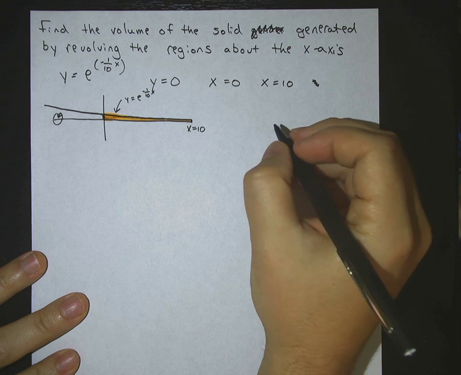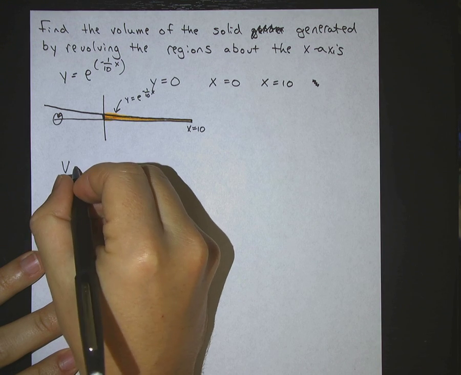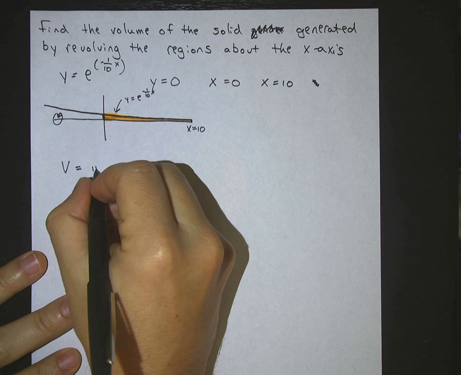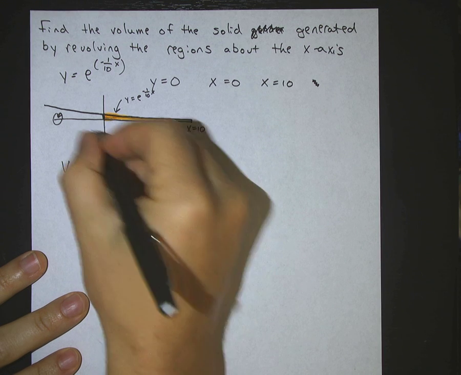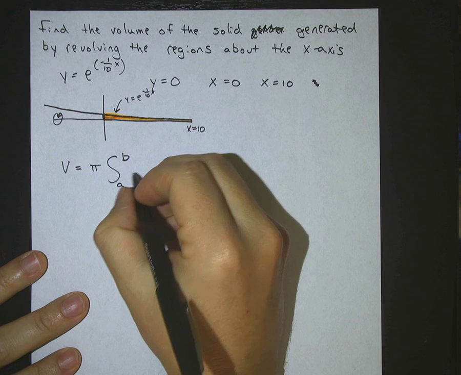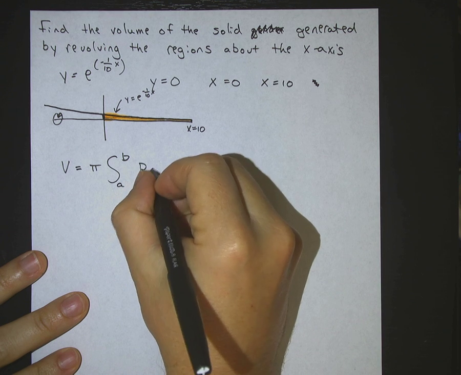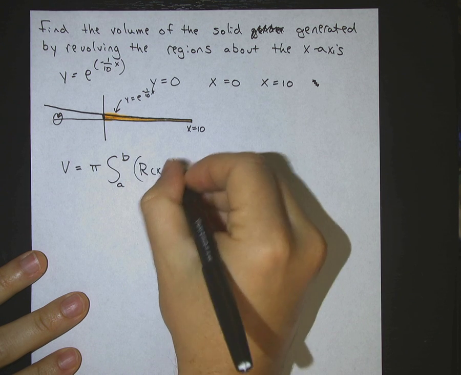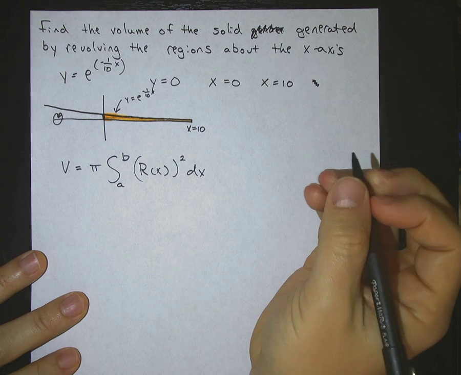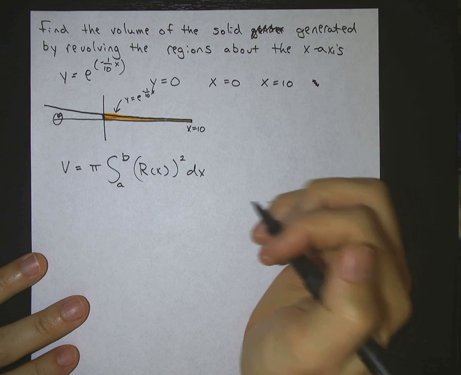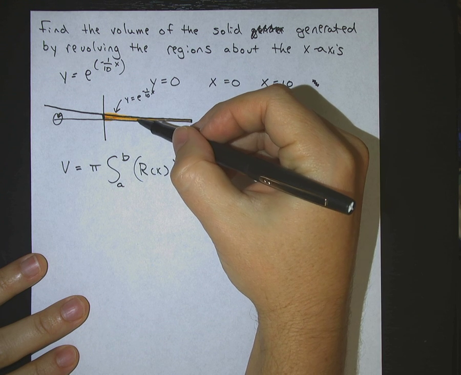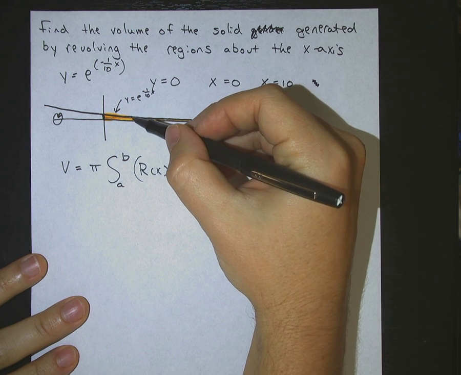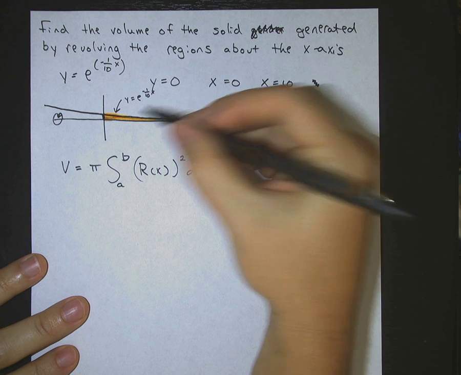Okay, so we're going to use the formula V, our volume, is equal to pi, our limits of integration. We'll say a to b, but it's 0 to 10. We'll put that in the next step. R squared dx. Okay, the region squared. So we need to figure out the area of this region, so we're going to do top minus bottom.